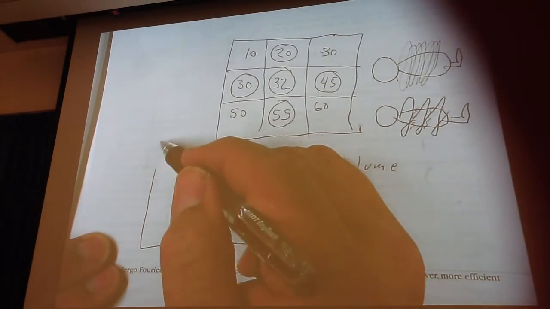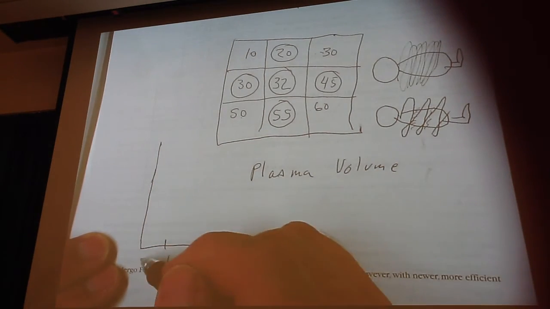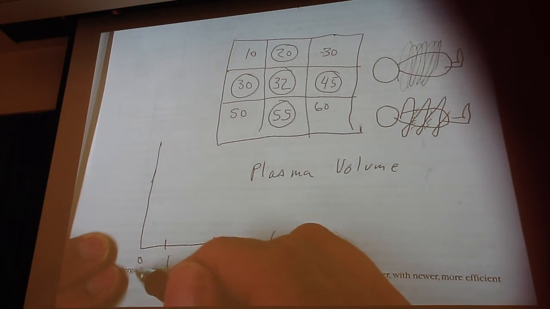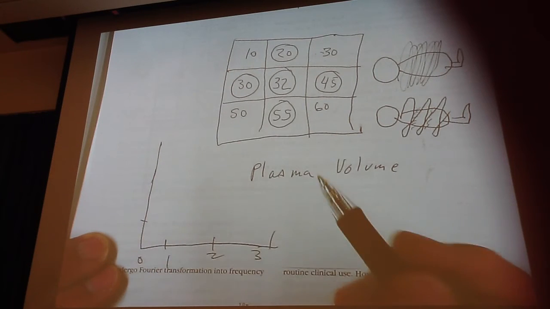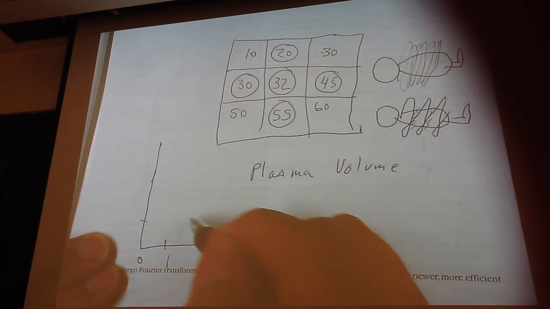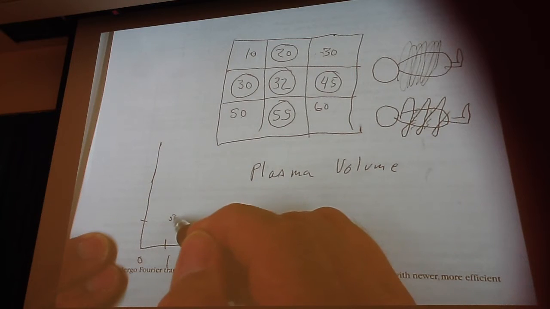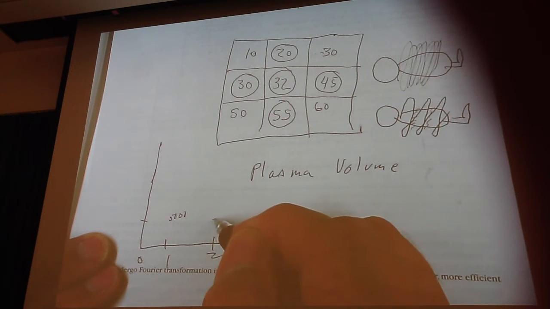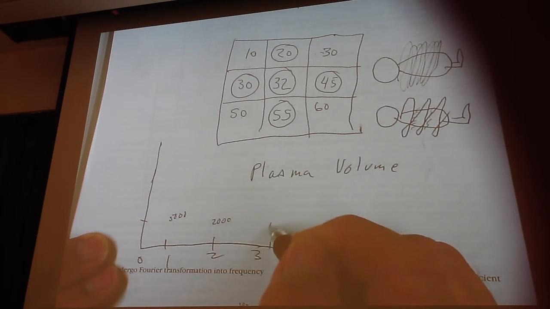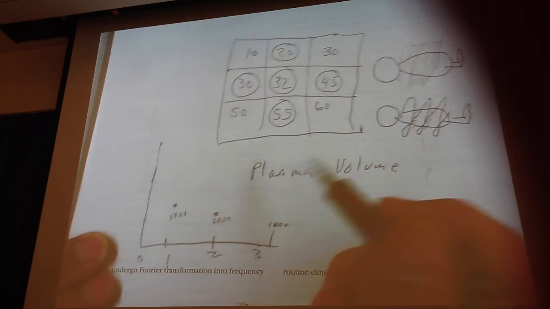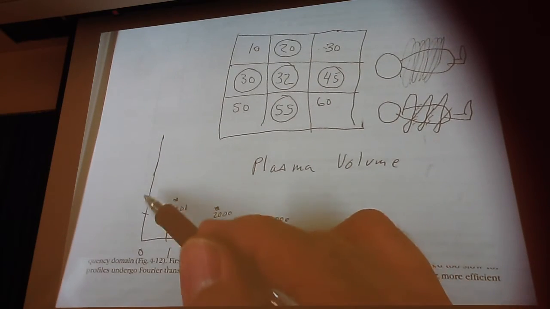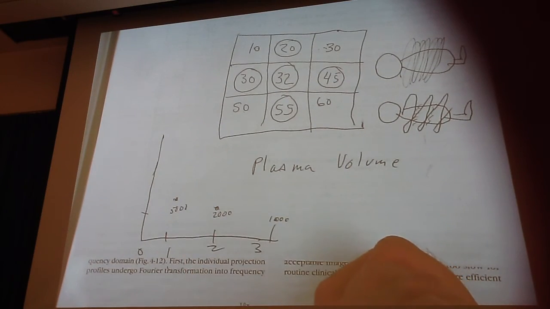But in order to calculate plasma volume, we need to know the amount of counts at time 0. So let's say here there's 5,000 counts, 2,000 counts here, and 1,000 counts here. So you plot this data, and I would then ask you, how would you know how many counts you have over here at time 0?